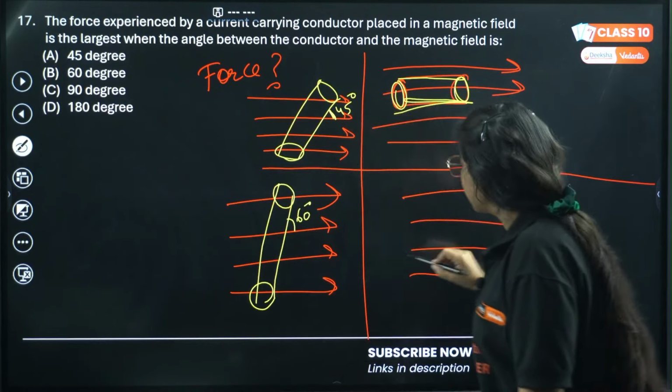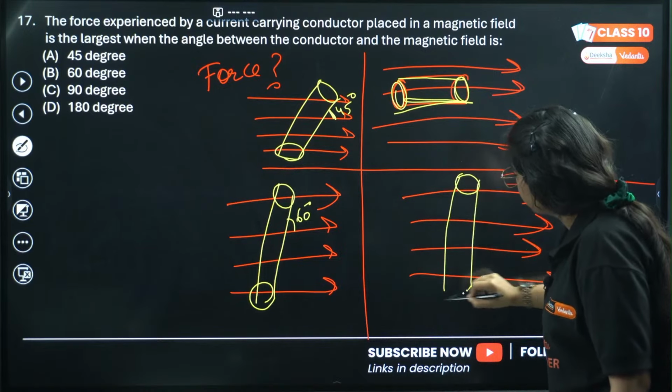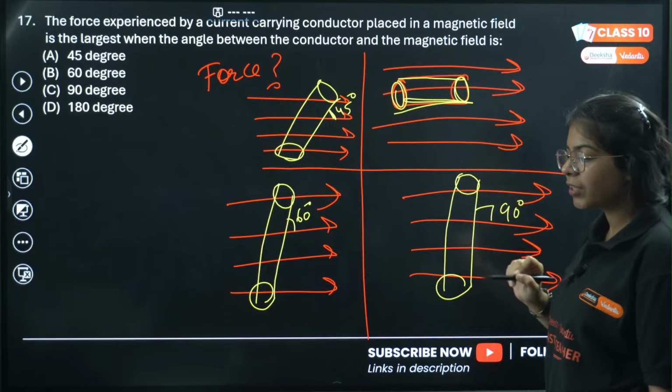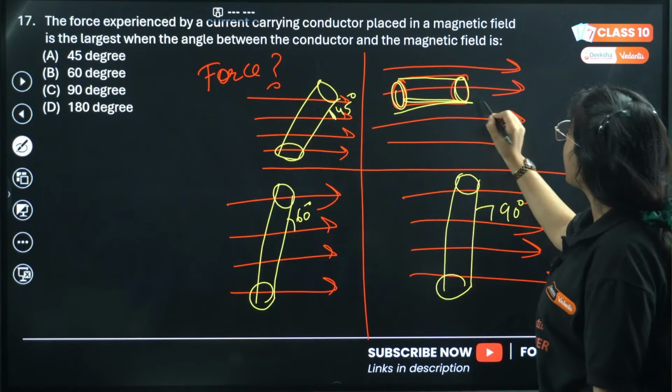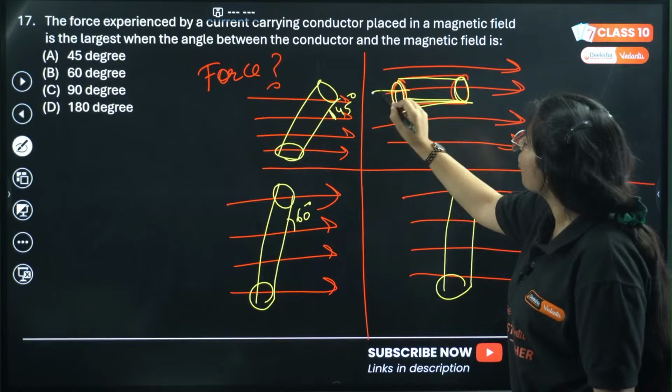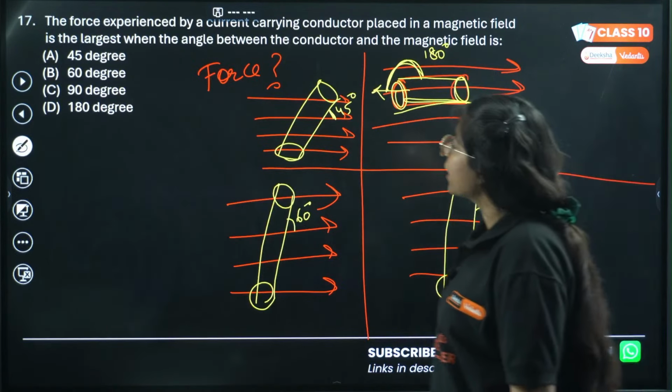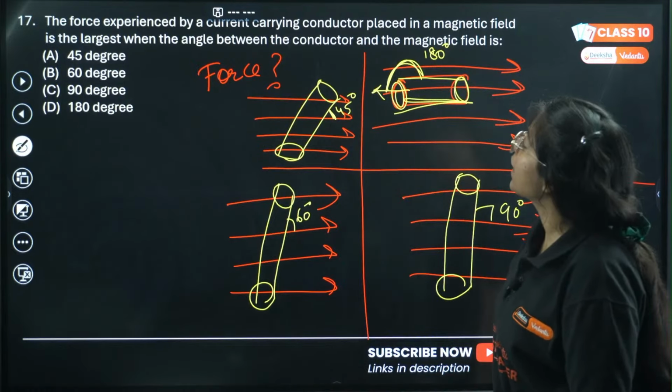Then 90 degrees, so the conductor is making 90 degrees with the field. And 180 degrees, so this is opposite. In which case will the force be largest?